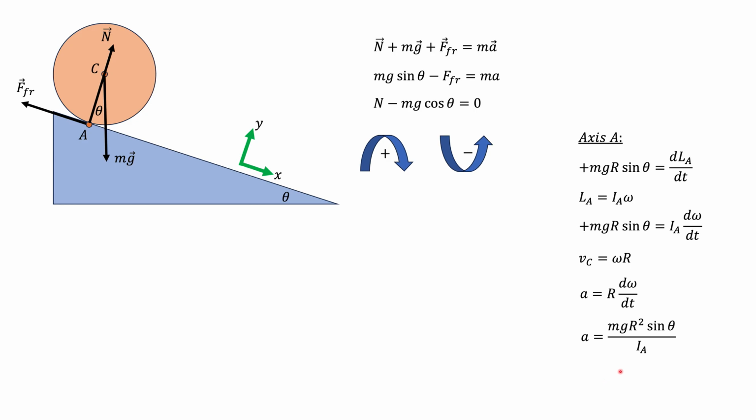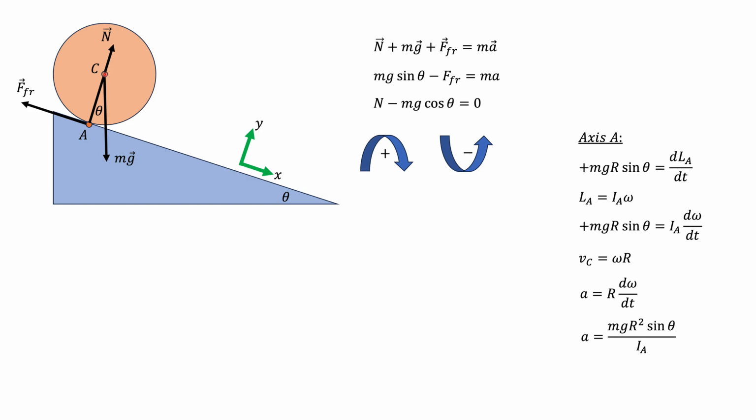The last comment I would like to make is that we're using here moment of inertia of this body with respect to the axis A, but typically we are not given that value. Typically we are given value with respect to the center of mass, with respect to this axis.